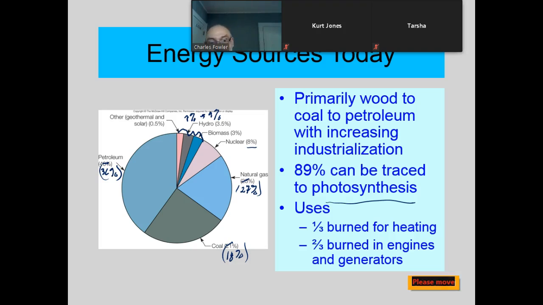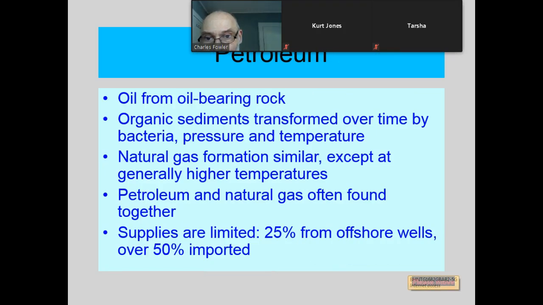So a lot of it is used for a variety of sources there. Okay? The more industrialization, the more the 2/3 have grown, probably the 1/3 has moved down. Okay. Let's look at each of those energy sources sort of separately.